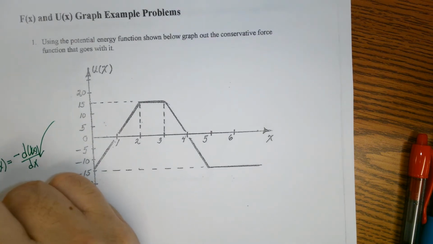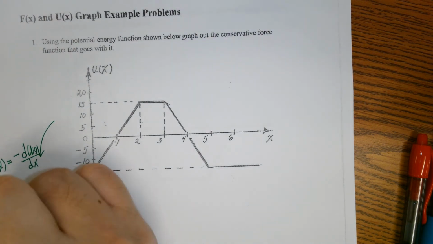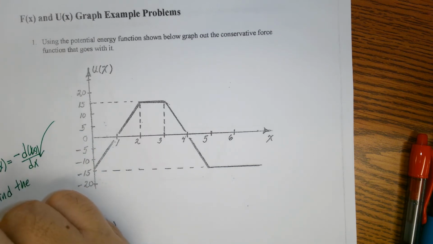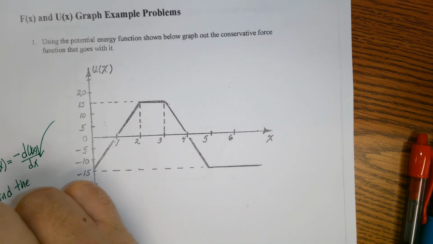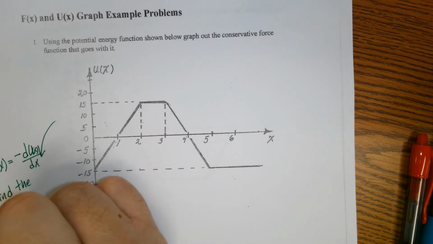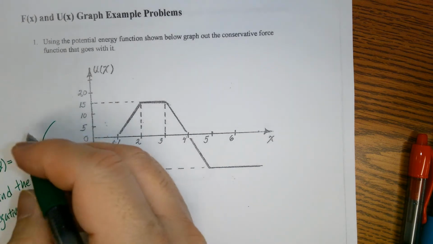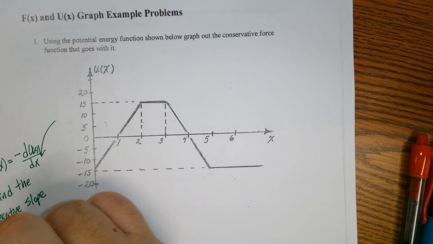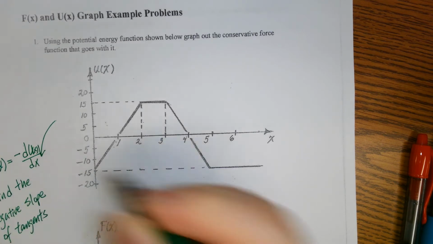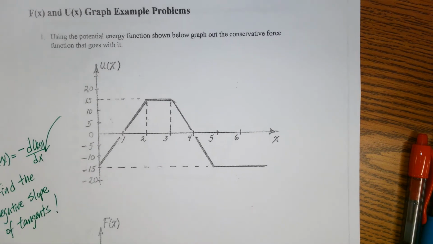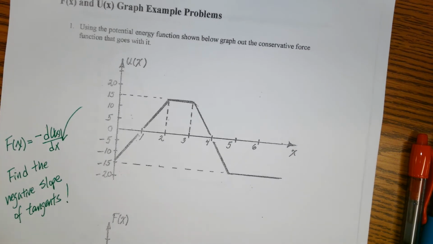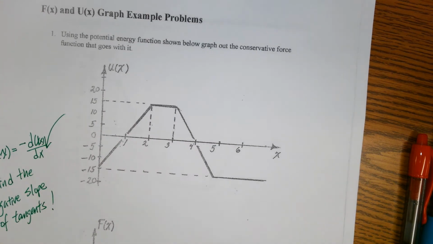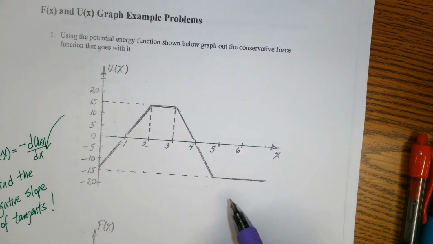So find the negative slope of tangents. Boom. All right. So I would just find slope values from all these critical points.